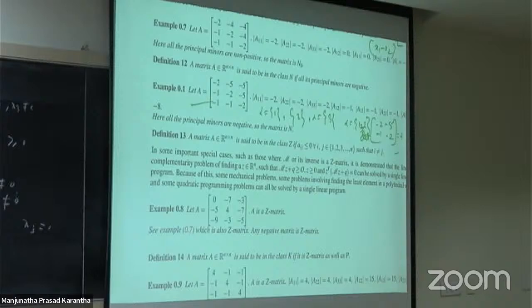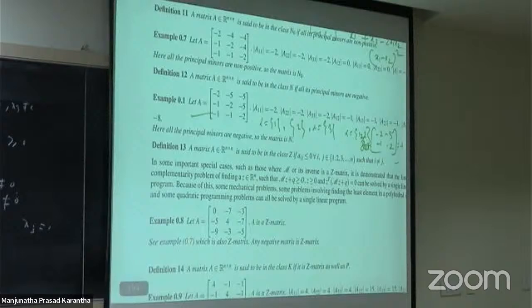Similarly, if it is non-positive, then it is called an N-naught matrix. For alpha equal to 1, 3, what will be the value?